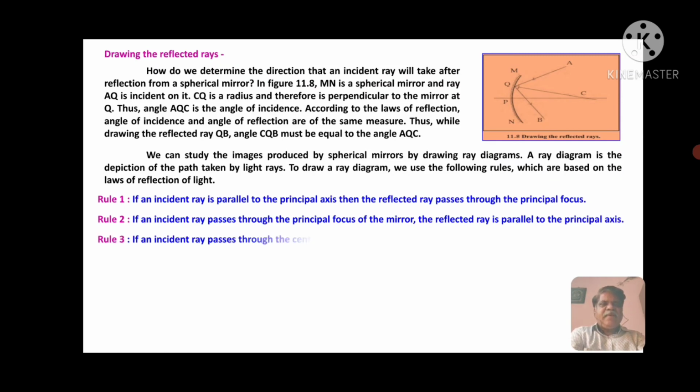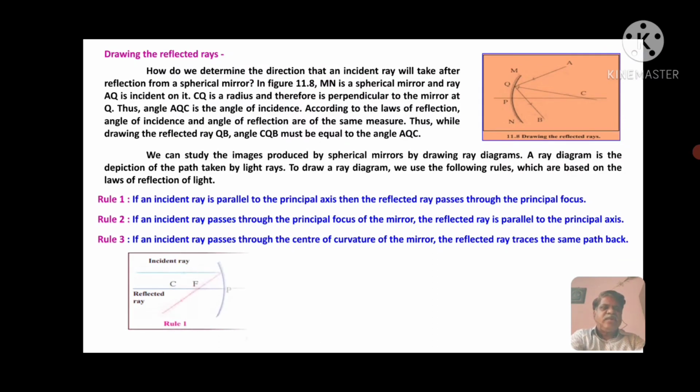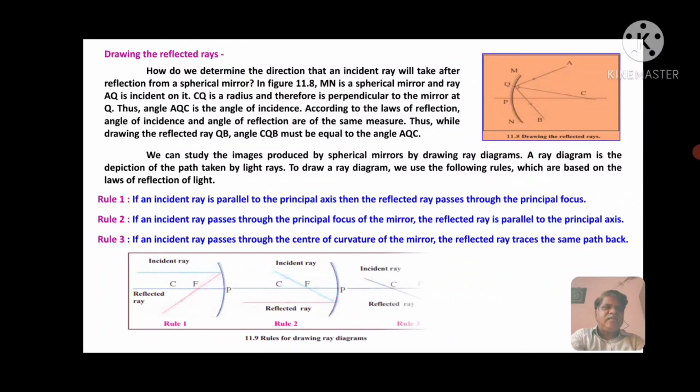Rule 3. If an incident ray passes through the center of curvature of the mirror, the reflected ray traces the same path back. Friends, in the first figure rule 1 is explained, in the second you could see rule 2, and in the third it is explained with rule 3. By observing these, you can easily understand the three rules of reflection.